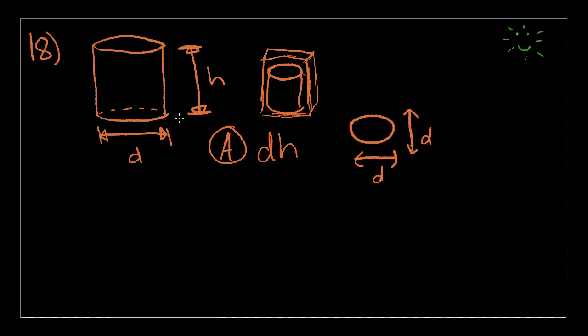And so somewhere like this, that length is going to be diameter. So the volume of the box is going to be diameter squared, because there's two diameters, times height, and that is choice B. So a little tricky, it's going to throw you off in the beginning, but once you get it, it's pretty simple.